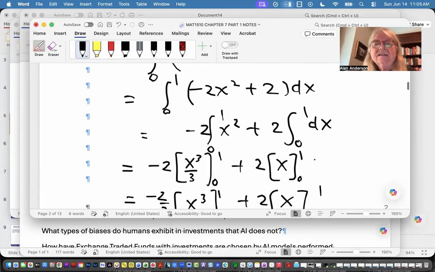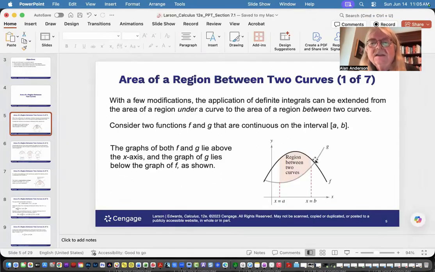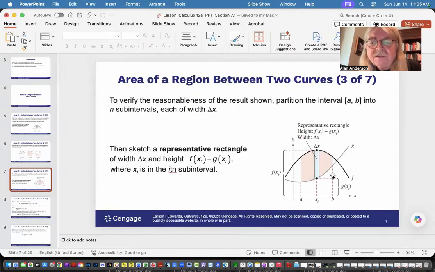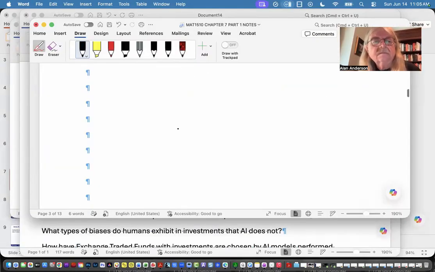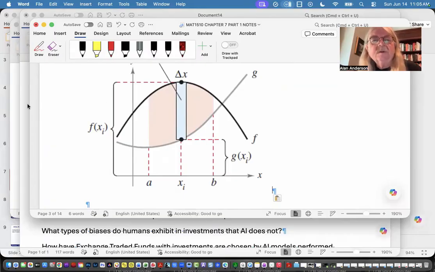Okay, now this is where the theory gets involved. They're going to say, well, listen, how could we extend this even further to other cases? Well, let's take a look at this curve. And you'll see what they're basically telling us is that, like when we were reviewing integration, we saw integration under a curve down to the horizontal axis.